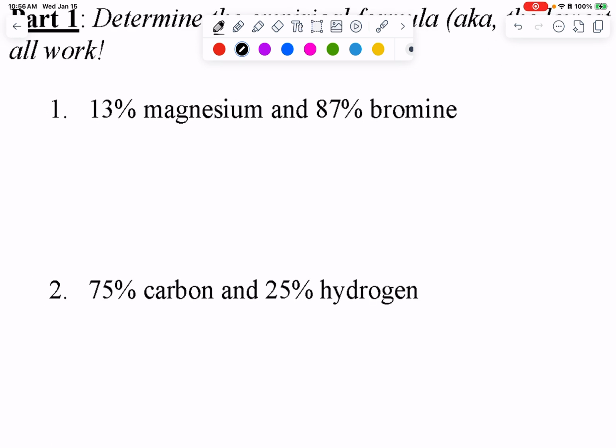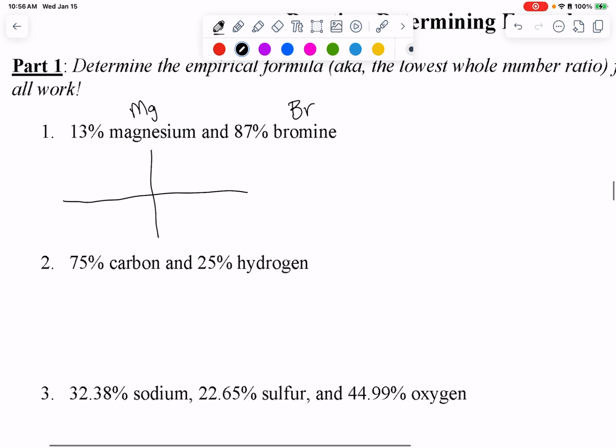We are given 2 elements, magnesium, which is Mg, and bromine, Br. So I'm going to set up 2 tables, one for magnesium, one for bromine. Make sure you write with enough room to make 2 tables. First let's do the magnesium. I'm going to do magnesium in blue, and bromine in purple.